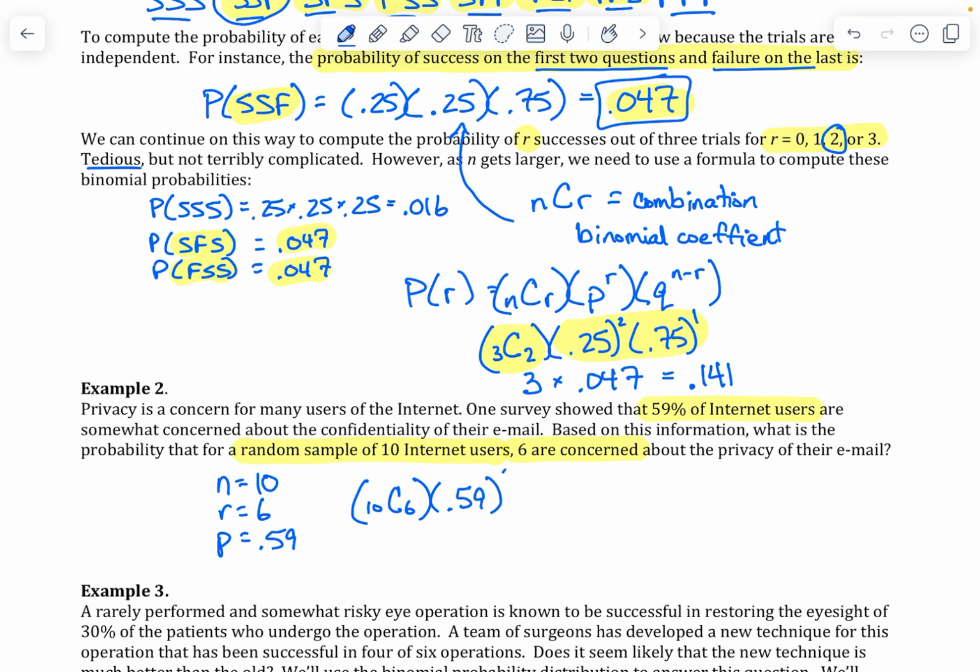59% success, that's going to happen 6 times, right? Person 1 times person 2 times person 3 times person 4 times person 5 times person 6, which then implies that the other 4 people who aren't concerned are considered your failures. Notice the exponents always equal n, right? So keep that in mind. 6 plus 4 equals 10.